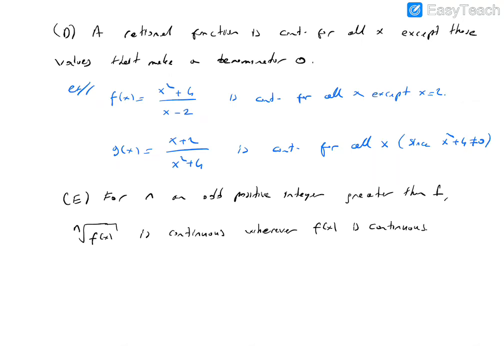As an example, we know polynomials are continuous. So let our function g of x be the cube root of 4x squared plus 2x plus 1. So this function is continuous.